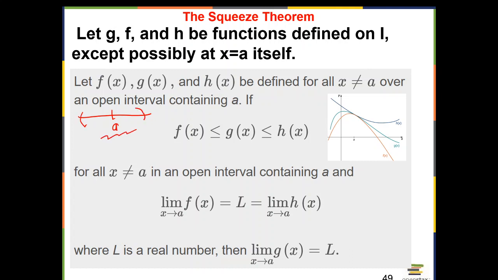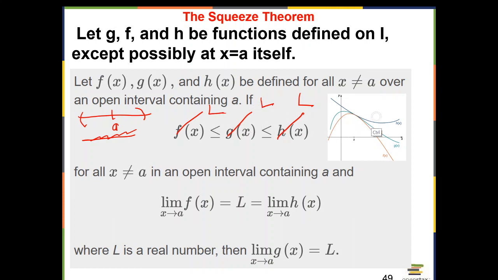In this open interval, these 3 functions behave this way, such that g is stuck between f and h. So if x approaches a and h and f approach, let's say, limit L, then g has no place but to approach L. It has no other choice because it's stuck between the 2.